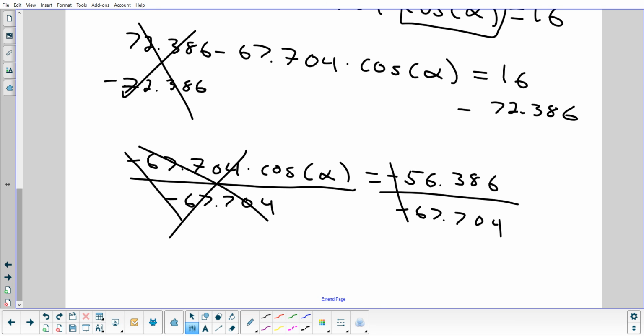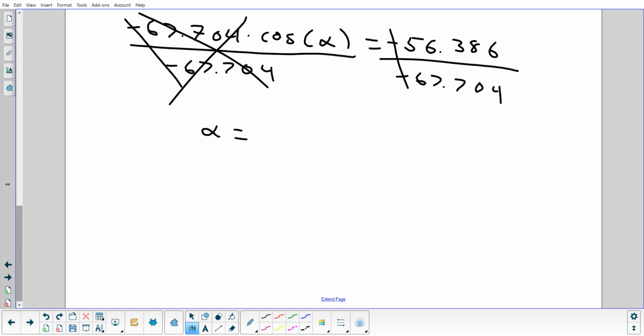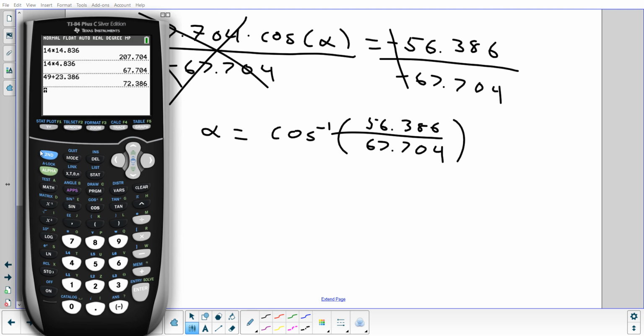Something's wrong. So alpha is the inverse cosine of 56.386 over 67.704. At this point, that's our final answer, so we do want to round that off. So that's an angle of 33.609. And that's alpha.